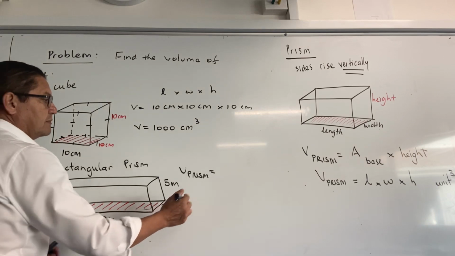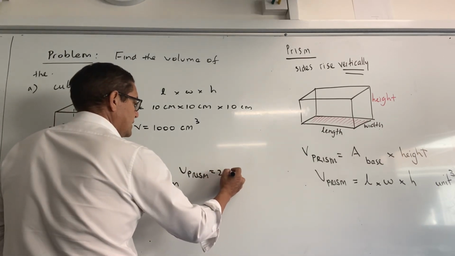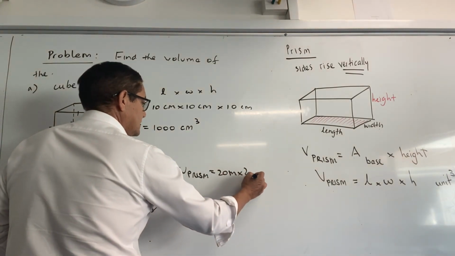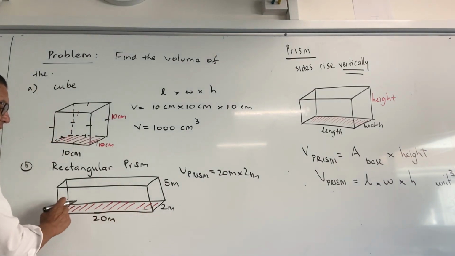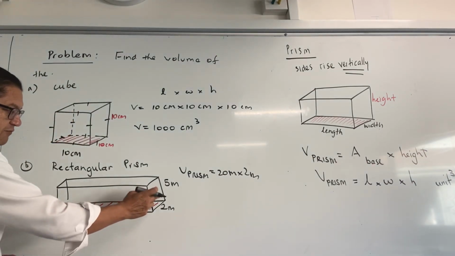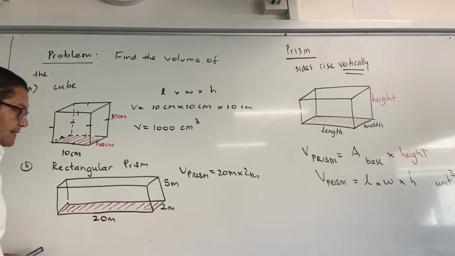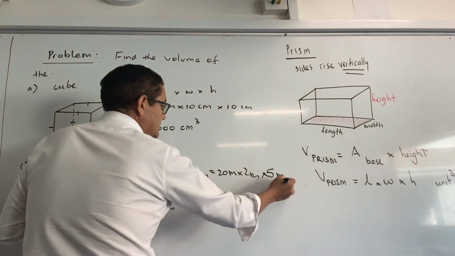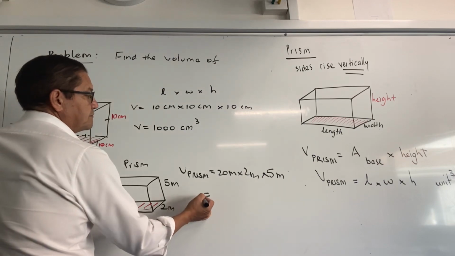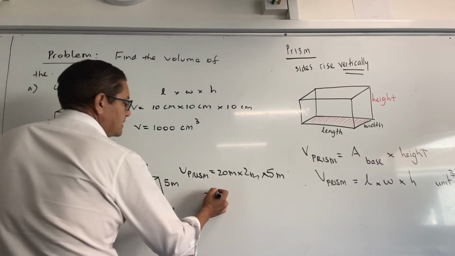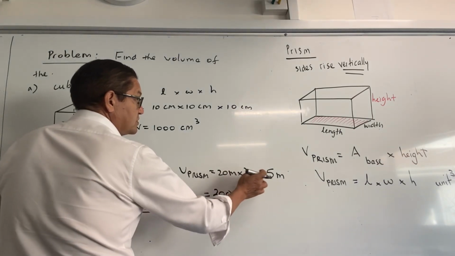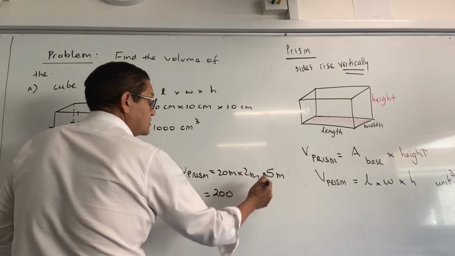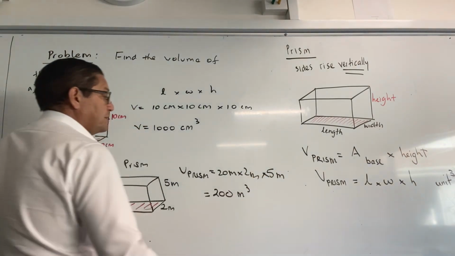So here we go, 20 meters times 2 meters. That's the area of the coloured in base, the floor of the fish tank. And then times 5 meters. That would be 200, 20 times 2 times 5. Metre times metre times metre is metre cubed.